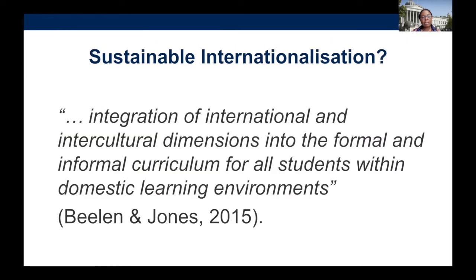This definition by Belen and Jones refers to internationalization at home, but I'm surprised that it's been taken by some authors as a definition of sustainable internationalization, which I don't agree with. I think it is part of the concept, but it doesn't fully define it.